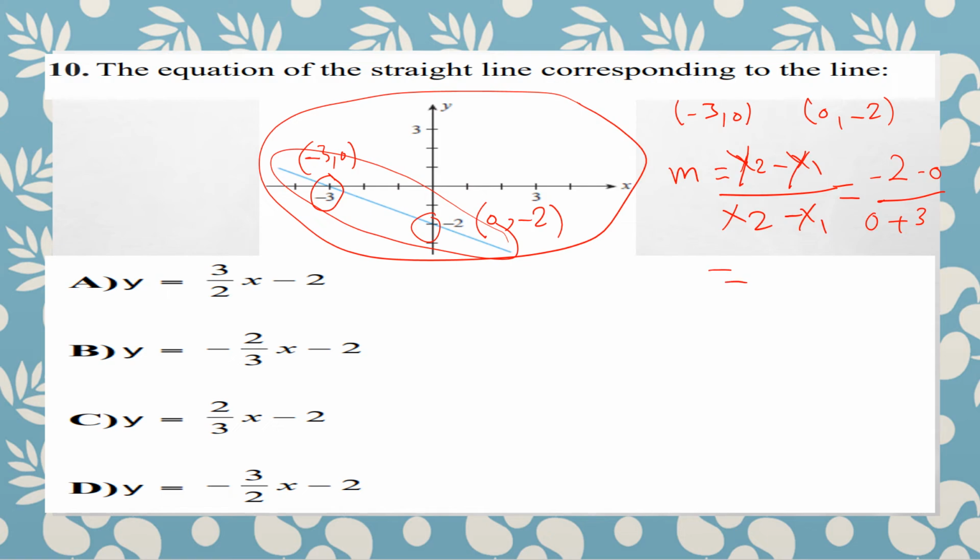So -2 minus 0 equals -2, over 3. This is the slope, and as the slope is negative, the line is falling.